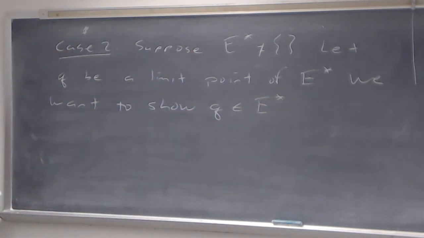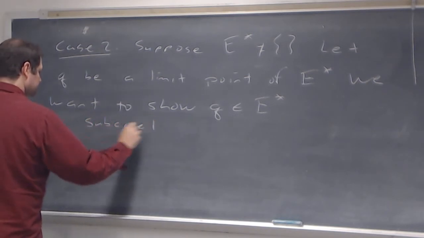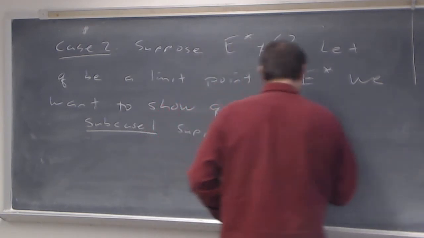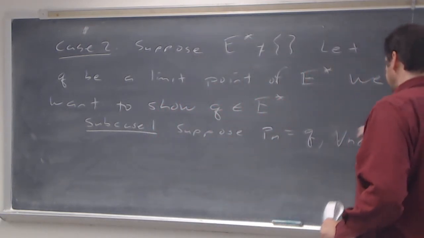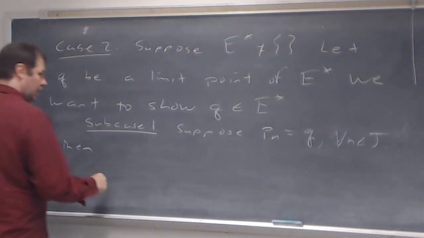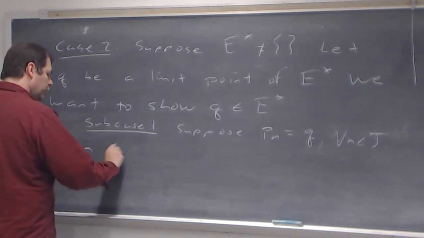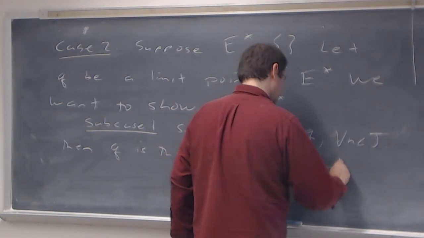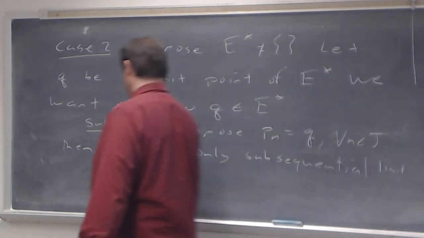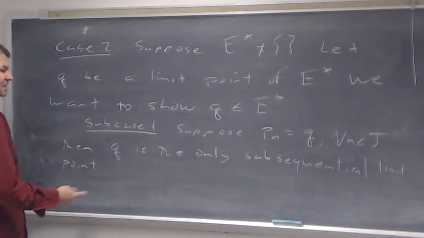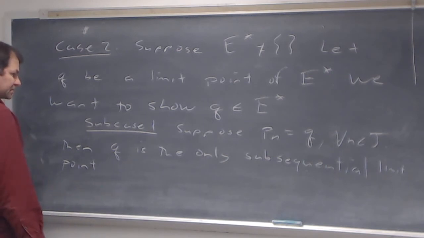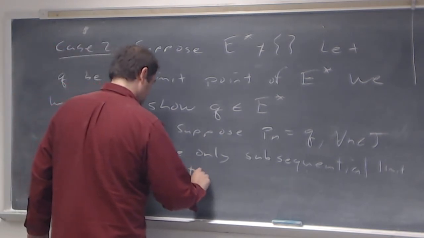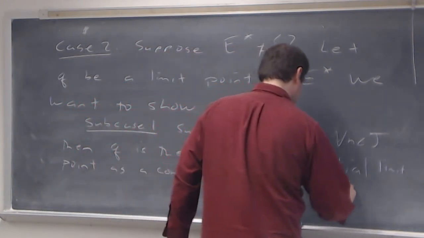Okay? Now, I'm going to look at some subcases using this case. Subcase 1. Suppose that P sub n equals Q. So the terms of the sequence are all equal to Q. Then it is a subsequential limit point, because P sub n is a constant sequence, and it converges to that constant.